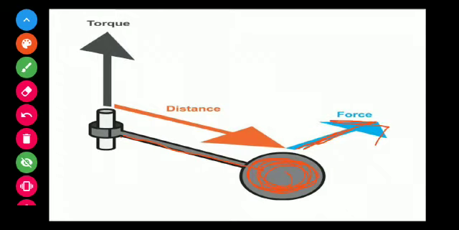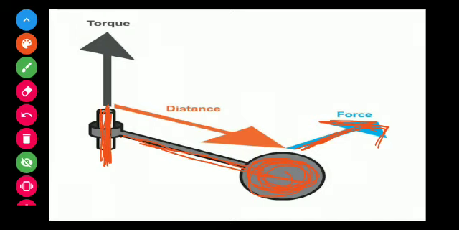This is your applied force, and this is the axis of rotation. This body moves around this axis. This point is fixed. It means the body rotates about a fixed axis.